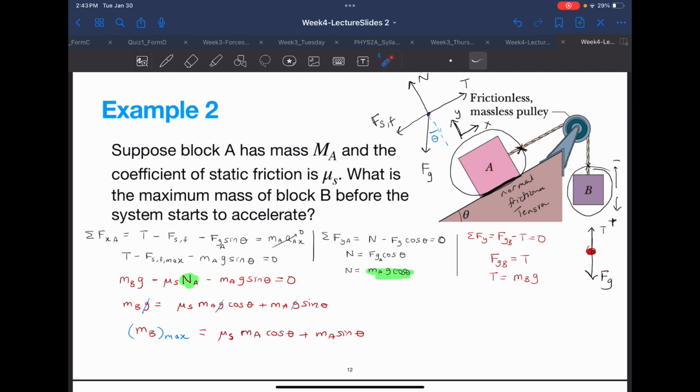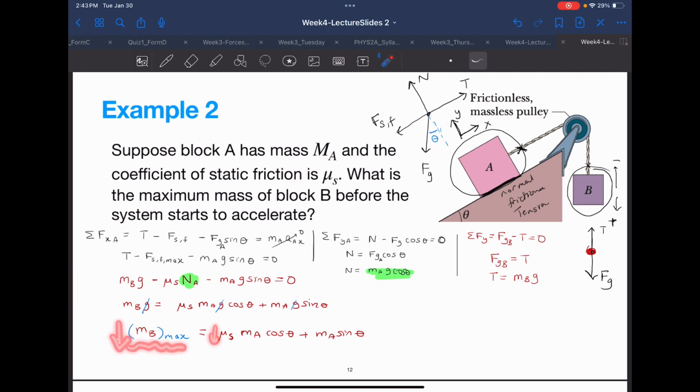So static friction is opposing the direction of possible motion, which would be up the ramp in this case. So if this block ends up being very smooth, so μs is low, that means that I don't need as heavy a mass block B to get mass A to start accelerating.